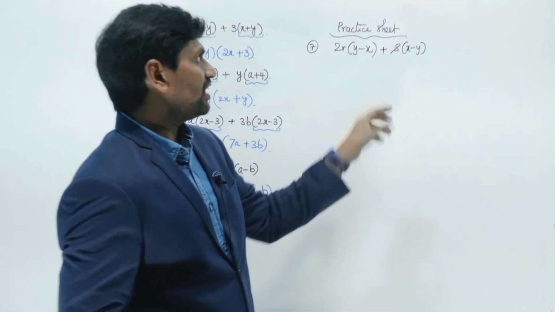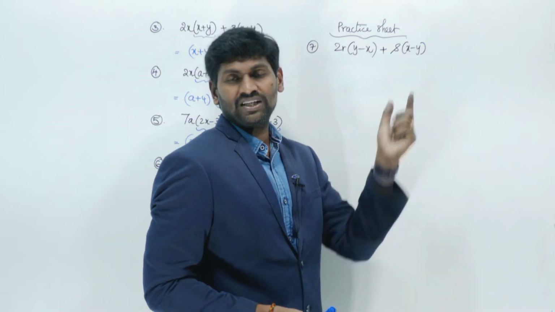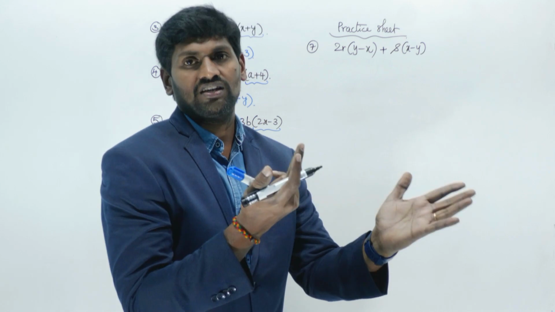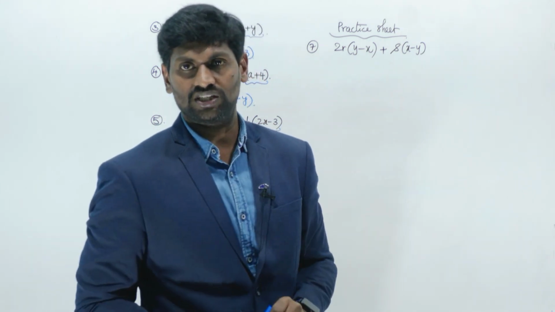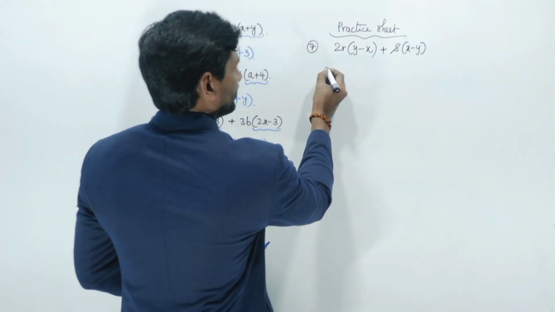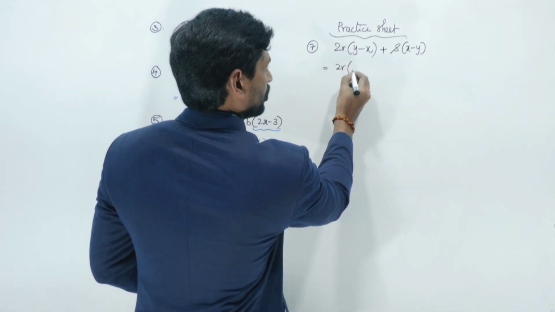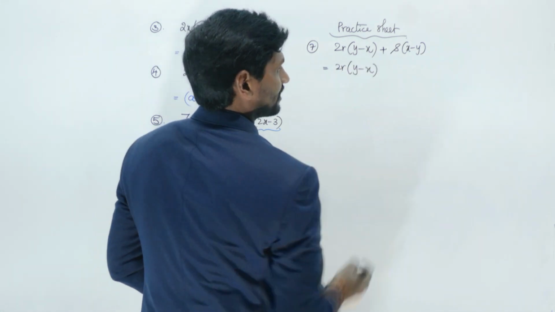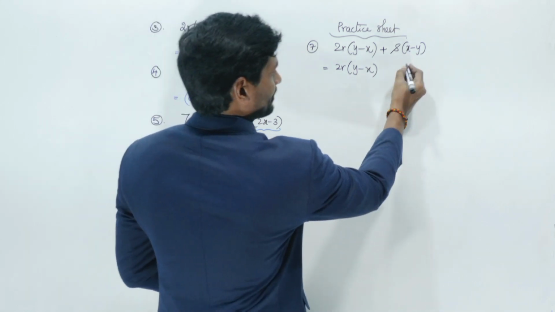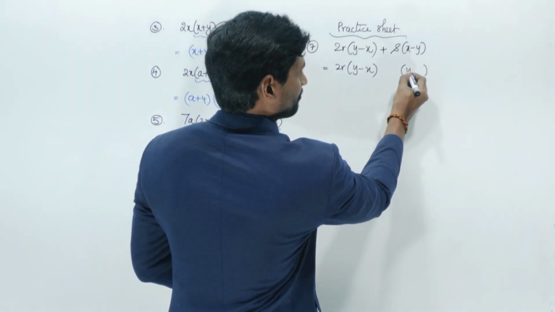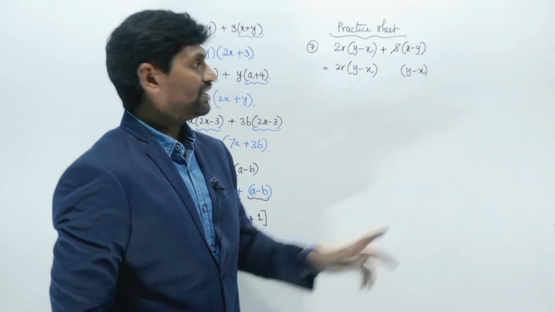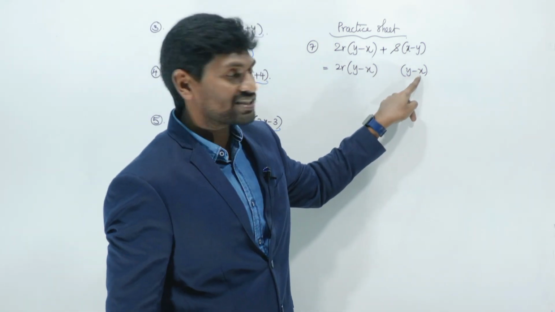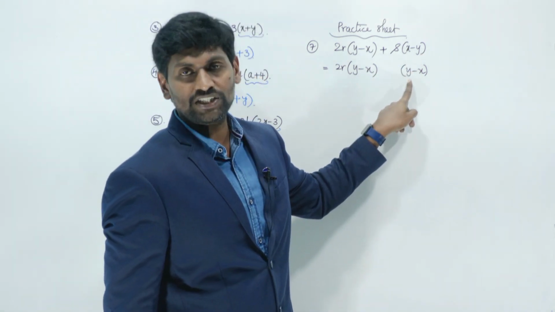But while you are observing y minus x and x minus y, it is just the difference of the first and second positions. Now I am going to write this one as 2r into (y minus x). Now this x minus y I am going to write as minus (y minus x). That means plus x becomes minus x, and minus y becomes plus y.